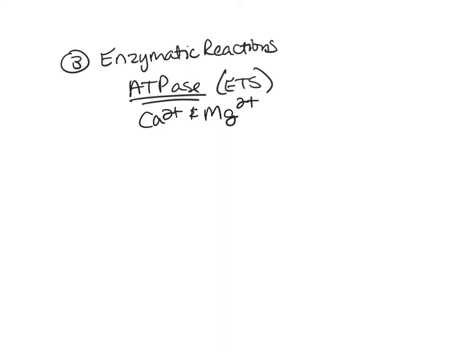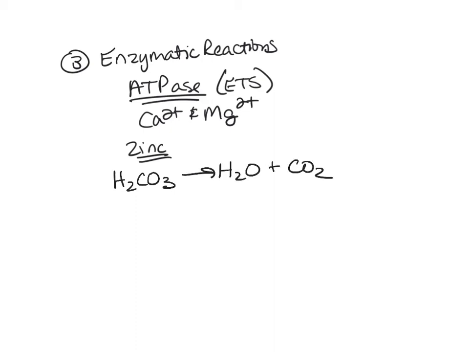Those are both necessary for that enzymatic reaction. There's another enzymatic reaction that requires zinc. Zinc is another mineral. In that process where carbonic acid is broken down into water and carbon dioxide, that requires an enzyme called carbonic anhydrase. Carbonic anhydrase needs zinc.